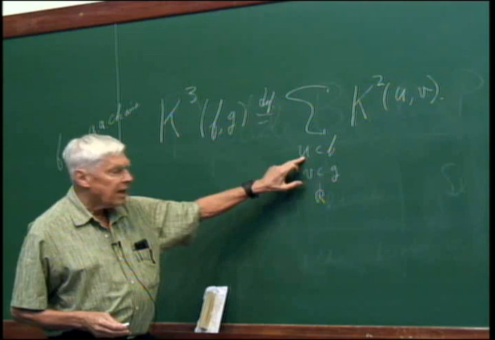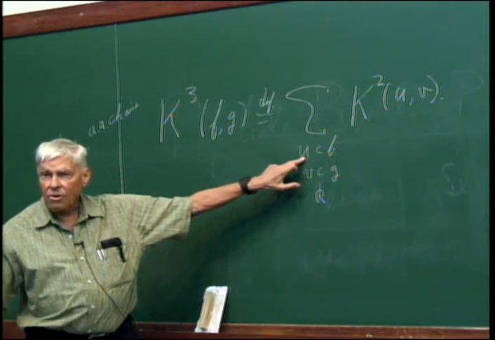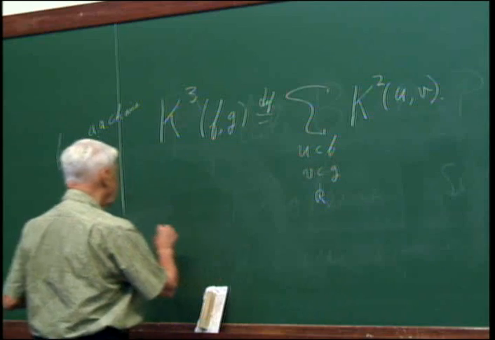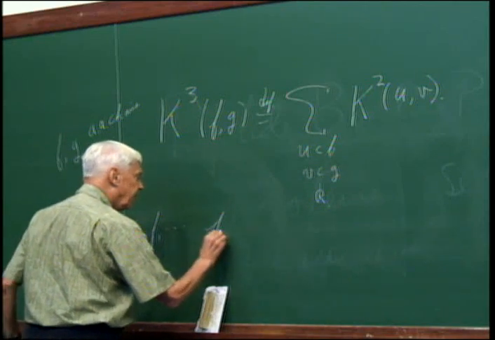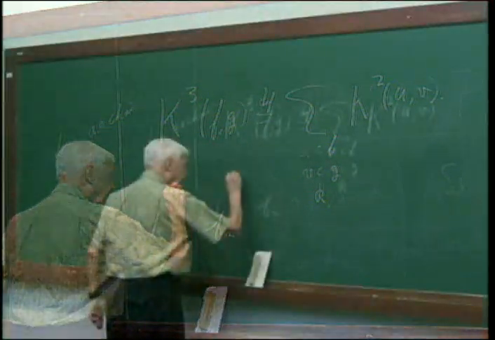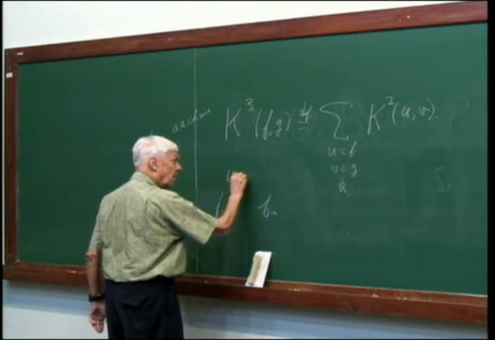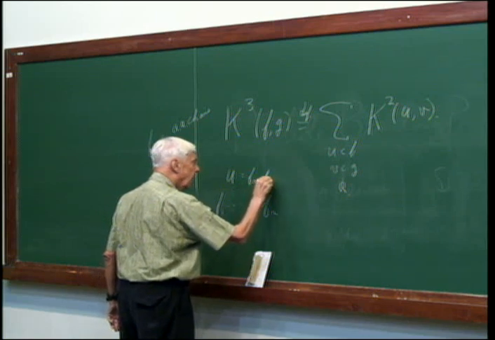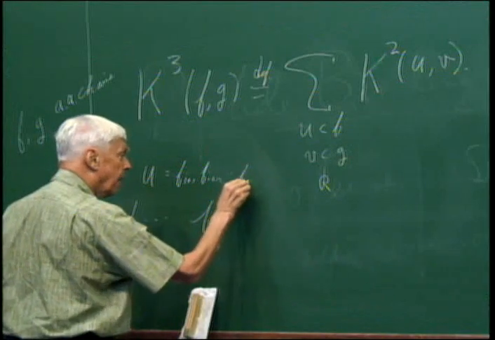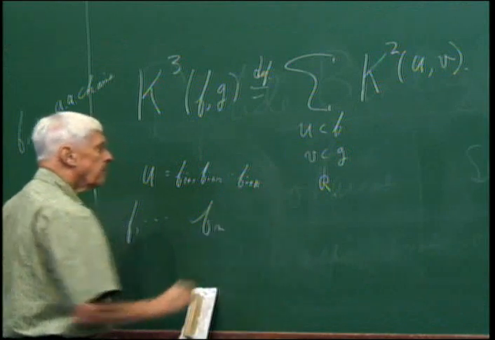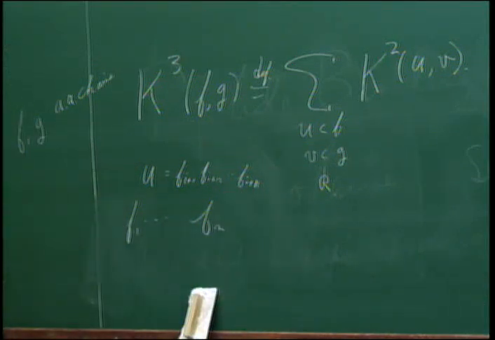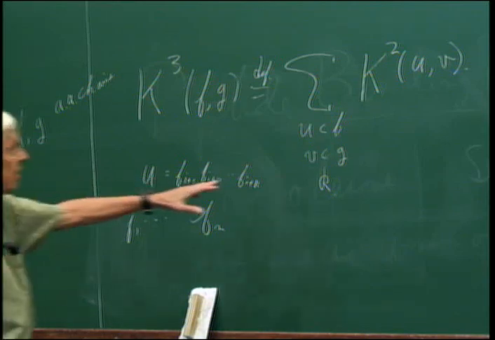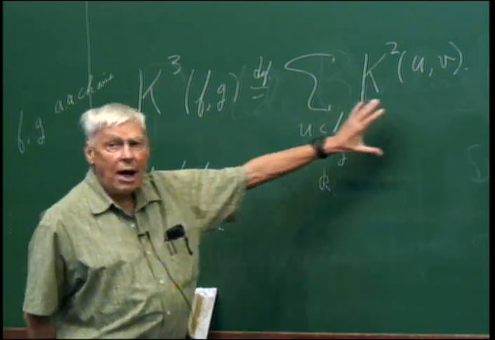So this is going to be a k-length substring, continuous. So we have F1 up to Fn. Then U here will be of the form F(i+1), F(i+2), up to F(i+k). Okay, so it's a continuous substring of F. And the same for V and G. And we're taking the sum over all possible pairs.